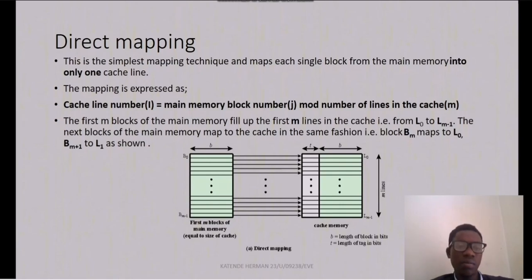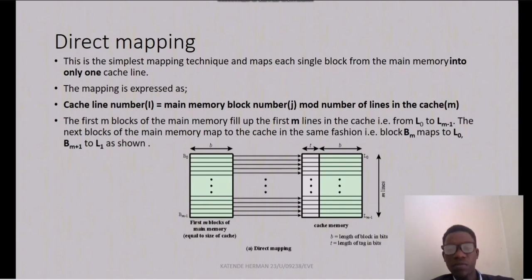In this mapping technique, the first m blocks from the main memory fill up the first m lines in the cache, that is from L0 to Lm-1. The next blocks of the main memory map to the cache in the same fashion.